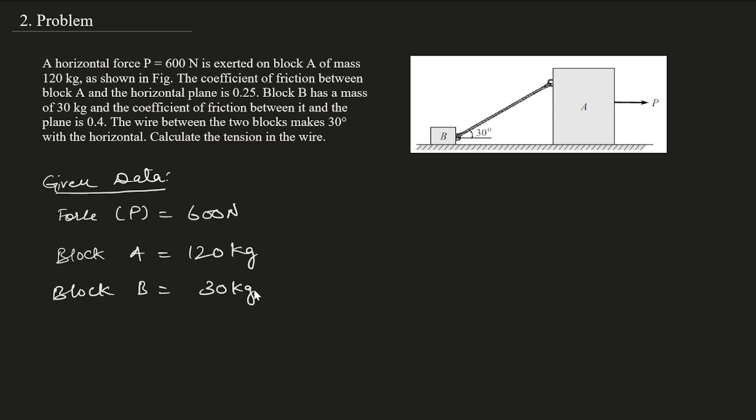Here in this problem, they have given the coefficient of friction for both the blocks, that is mu A equal to 0.25 and mu B equal to 0.4. So they have given different mu for both the blocks. And additionally, they said that both the blocks are connected by a wire, but the wire is in 30° with the horizontal. You can see on the diagram.